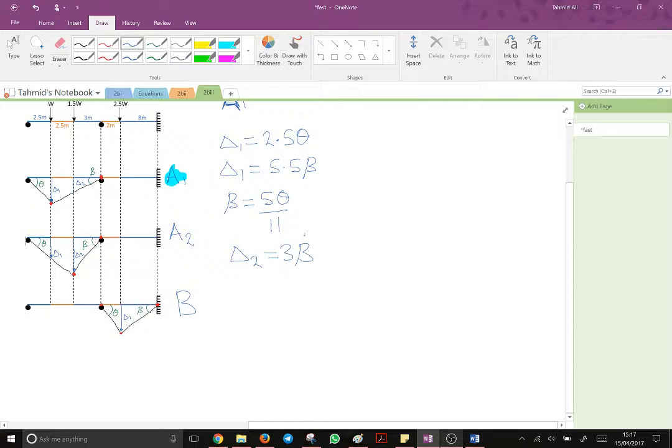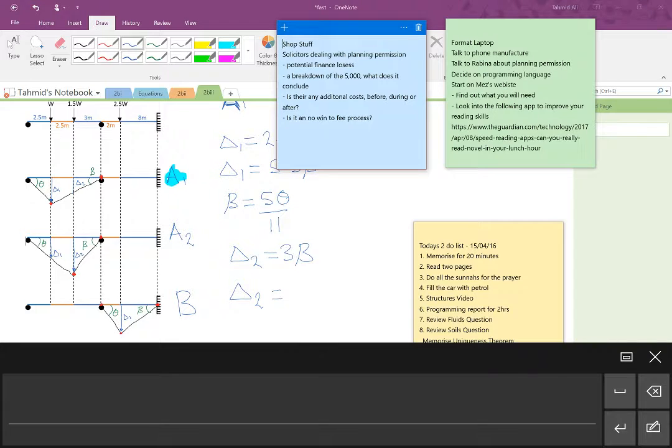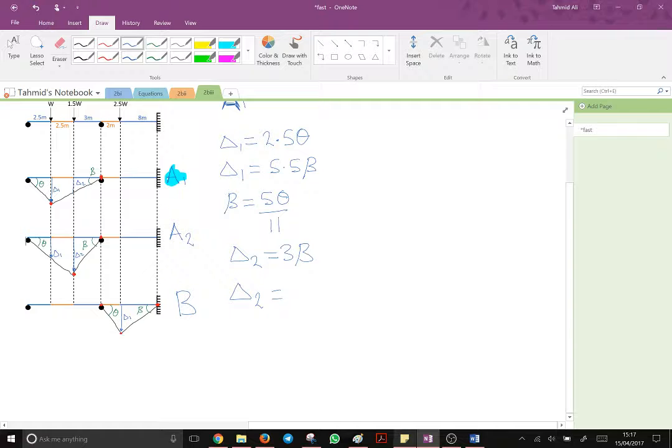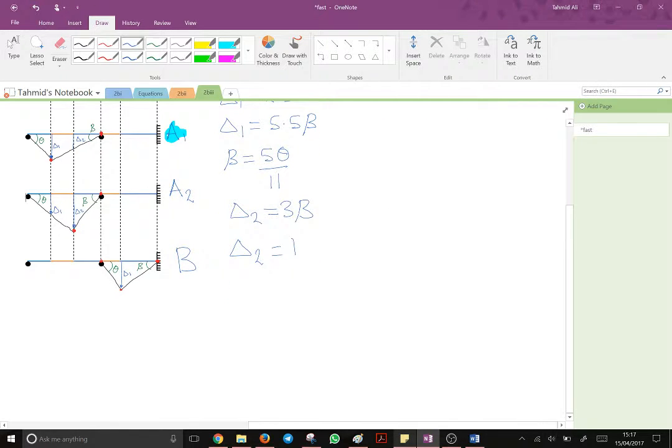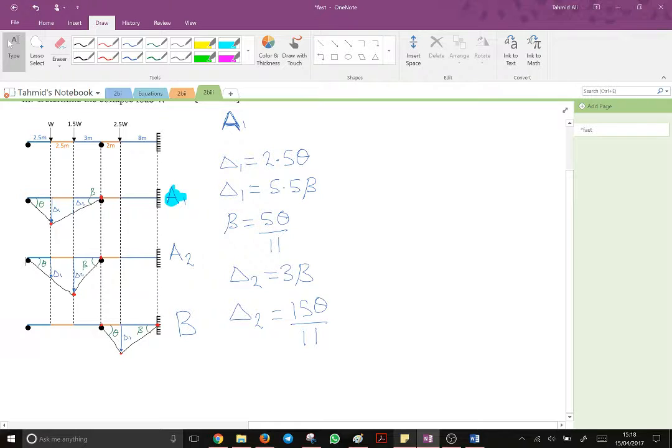Now we know what beta is equal to, so that means we can have delta 2 is equal to 3 times 5 theta over 11, which is simply 15 theta over 11. So now we've got a few relationships down, so we have delta 1 in terms of theta, and we have delta 2 in terms of theta. So no alpha, that's good.